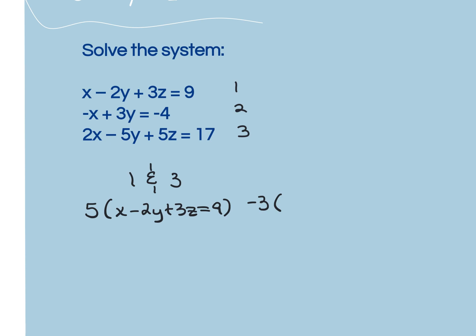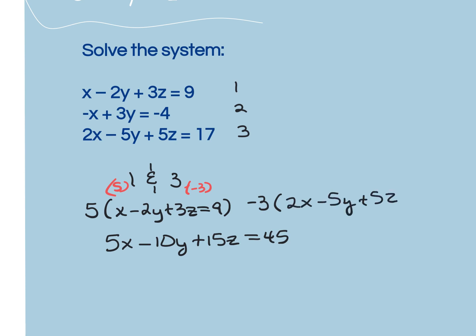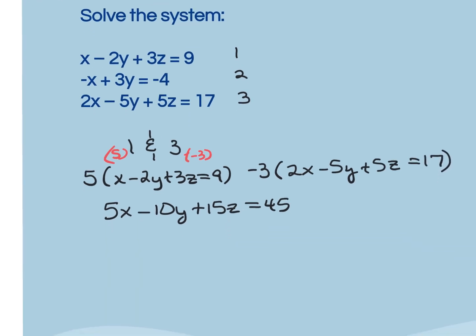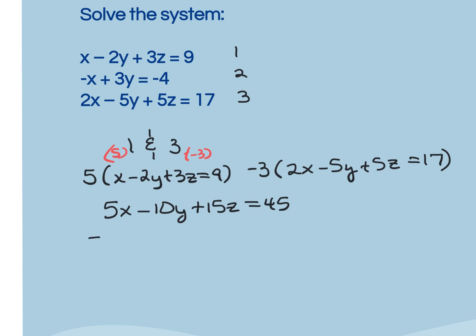So I'm going to distribute, and I get 5x minus 10y plus 15z equals 45. Now I'm going to multiply negative 3 to equation number 3, because my goal here is to eliminate the letter z in a new equation. So I'm going to distribute negative 3, and I get negative 6x plus 15y minus 15z equals negative 51.